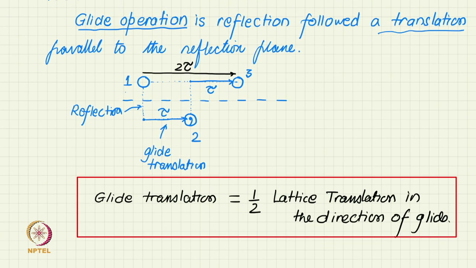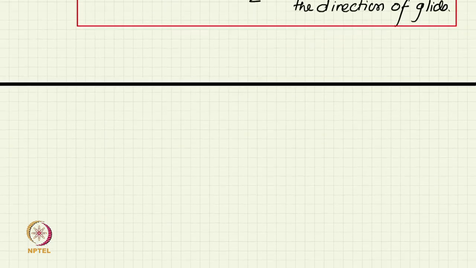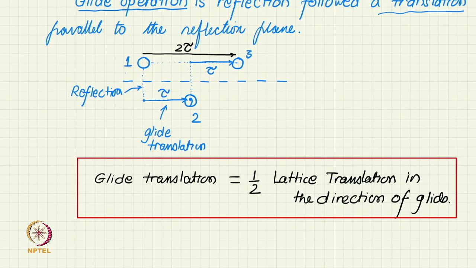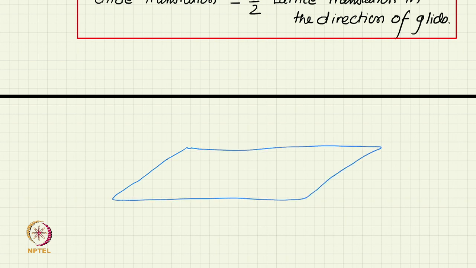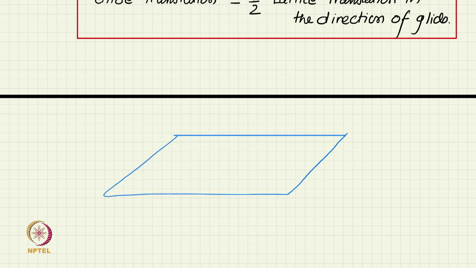Now, we had met this, as I told you, in 2D also. So, there it is a glide line and we have a glide operation. In 3D, since we have actually a plane, we actually have a plane in which glide happens.